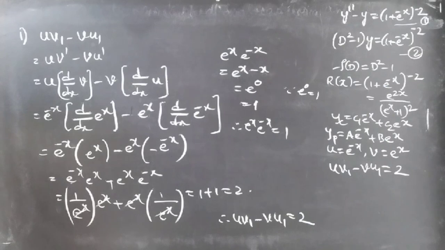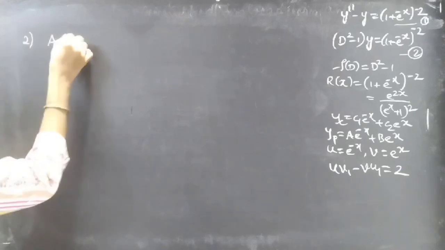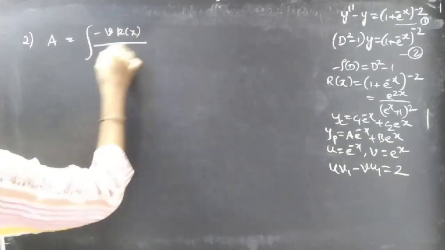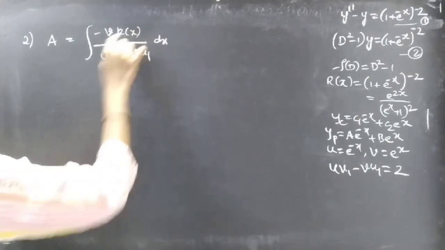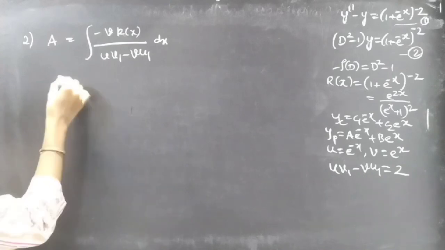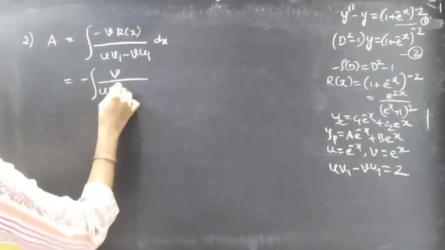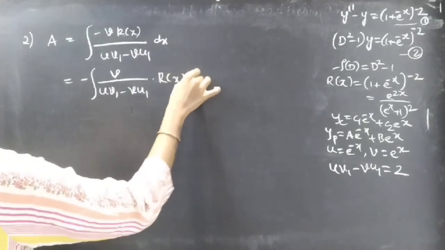Now let's find a and b using those formulae. A is given by integral of minus v into r of x by uv1 minus vu1 into dx. Here r of x is a fraction, so we'll write the formula as minus v by uv1 minus vu1 into r of x into dx for our convenience.